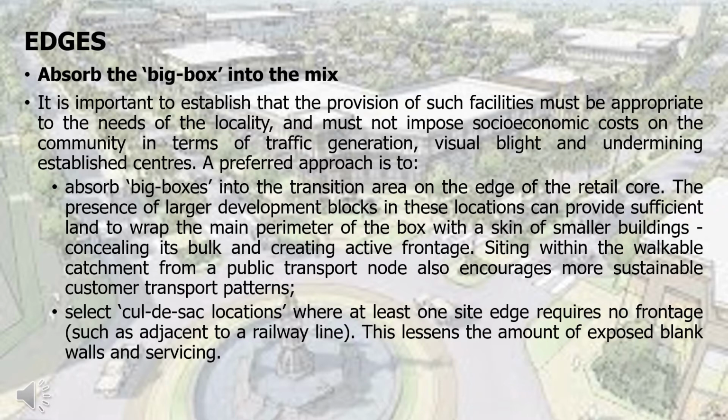It's not going to impact negatively on the traffic inflow within that particular region or neighborhood. The presence of large development blocks in these regions can provide sufficient land to wrap the main perimeter of the box with a skin of smaller buildings, concealing its bulk and creating active frontages for aesthetic reasons, definitely.